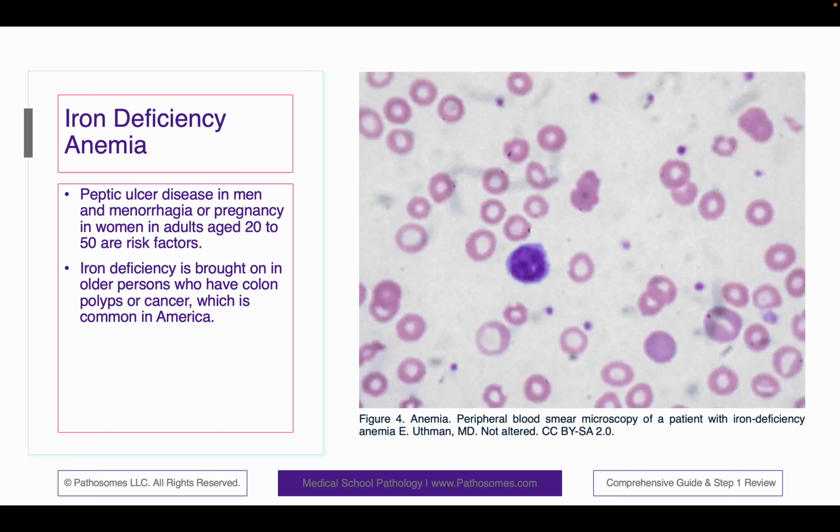To the right, we see a peripheral blood smear of a patient with iron deficiency anemia. We can see that because there is so much central pallor. By central pallor, I'm referring to the white space in the red blood cells.